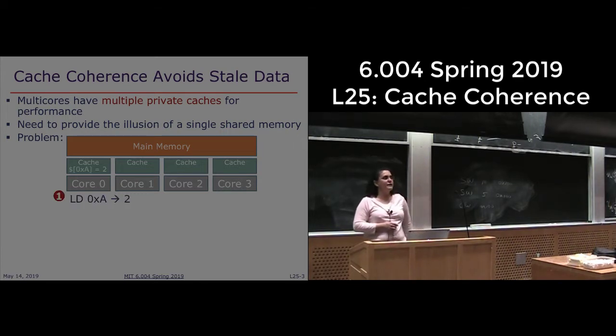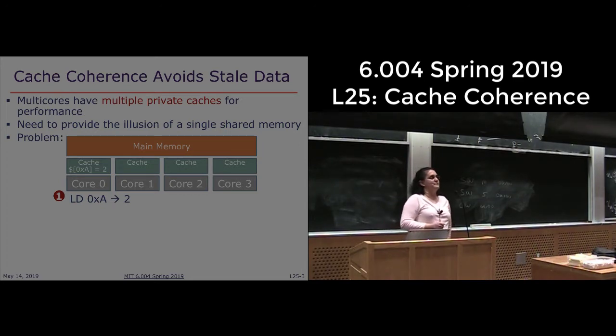We're going to start off, and core 0 is going to request a load of address A. It's going to talk to the main memory. Main memory is going to respond that the value of address A is a 2, and so it brings this value into its cache. Now it has that the address A has a value of 2.